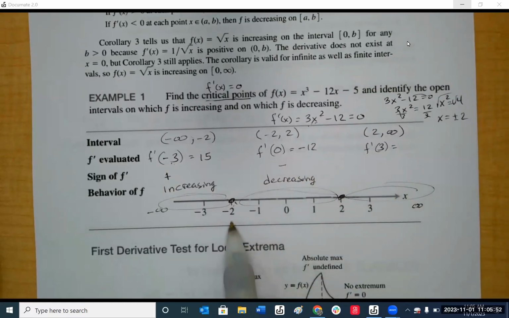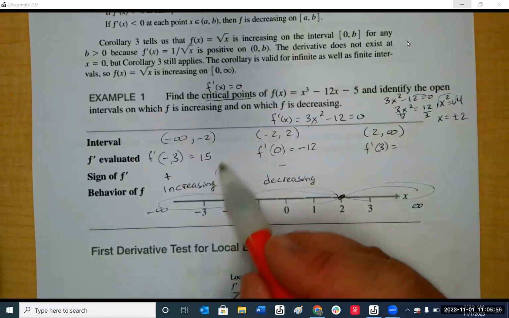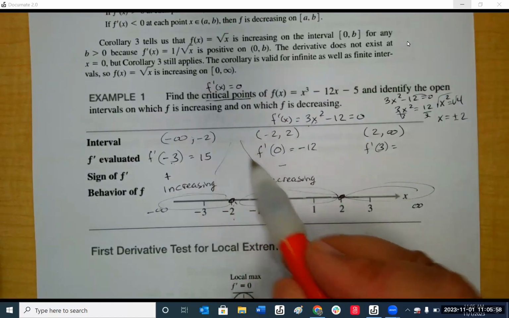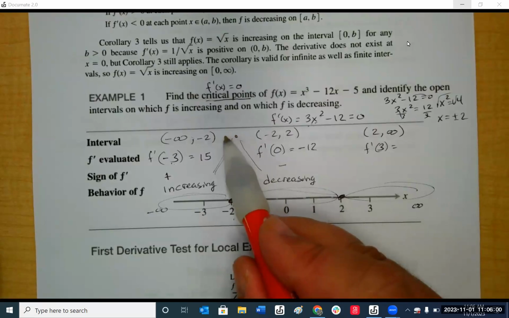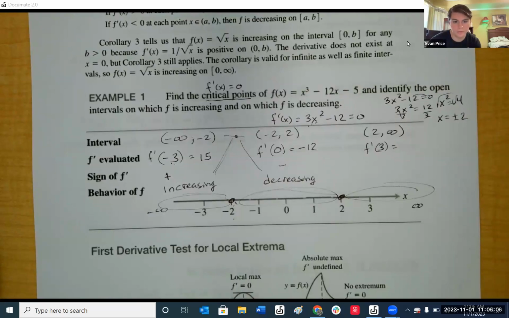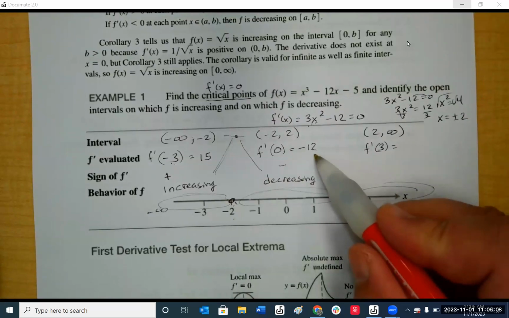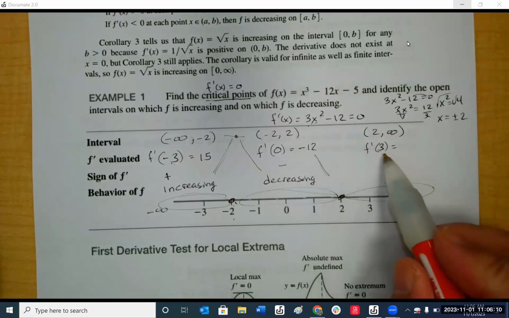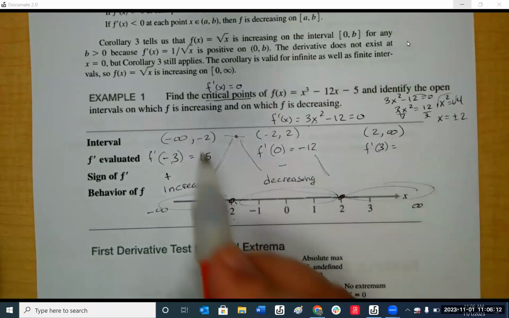So what do we know about -2? Since it's increasing there and it's decreasing there, -2 then is a maximum. Yep, that makes sense. And on this side, at +3, it's going to be the same as -3.